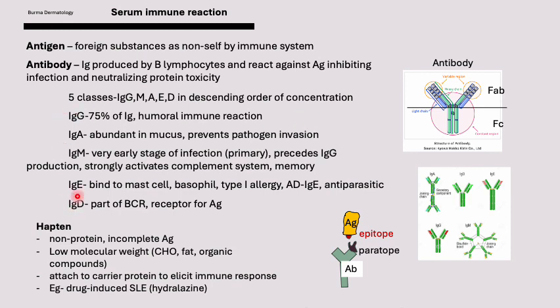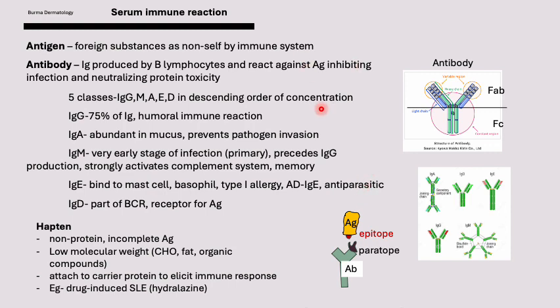Here I describe GAMED. So here in the variable region, the epitope is the antigenic structure that is responsible for the function and the full potential of the antigen.